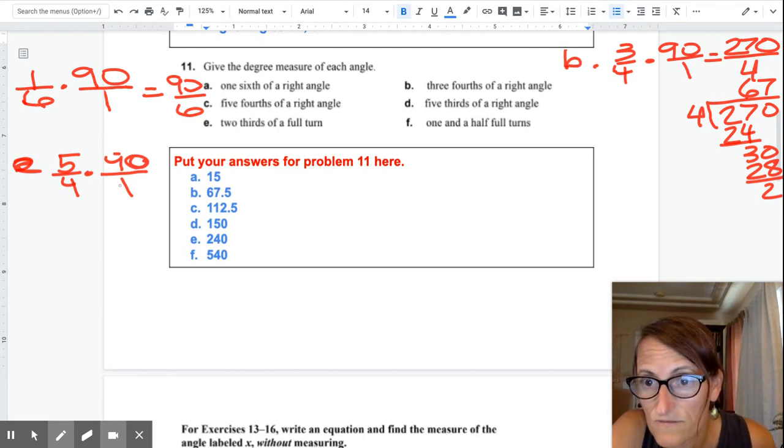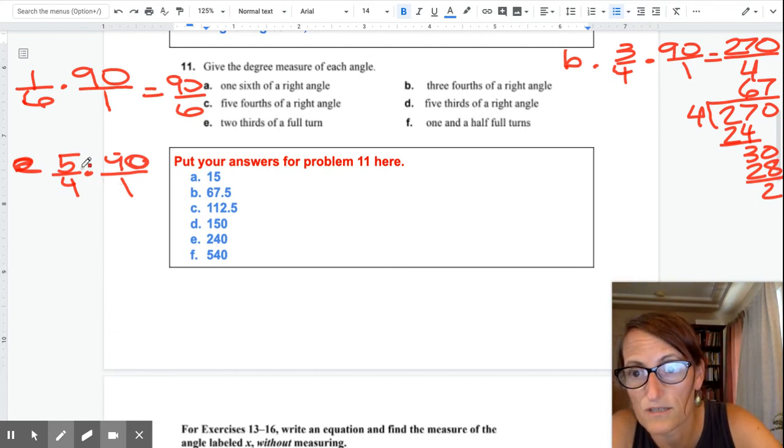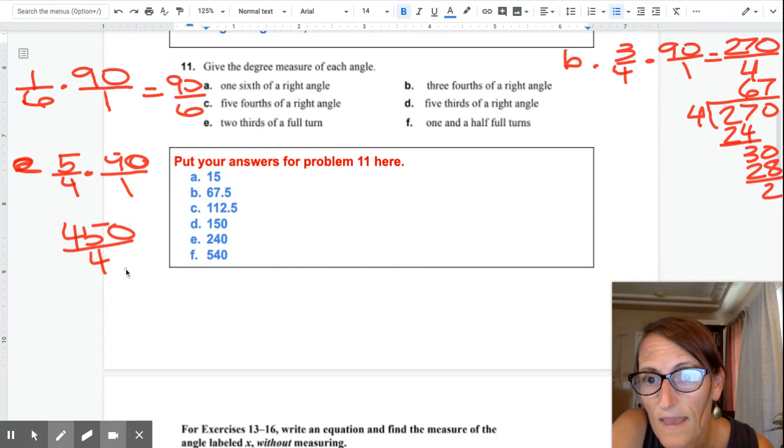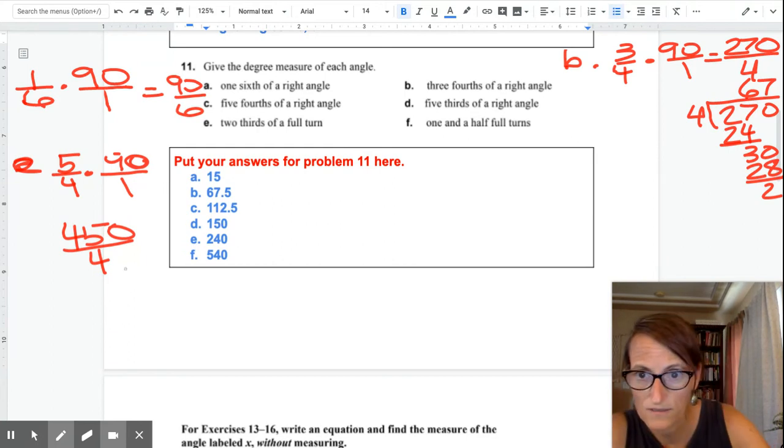So you could have used that information here and just multiplied by 5. Or if we stick with this, we get 5 times 90, that's 450 divided by 4. And again, you can just do 450 divided by 4, and you'll get 112.5.